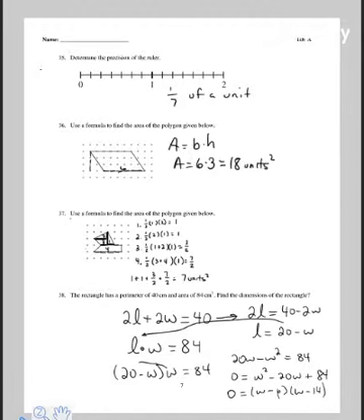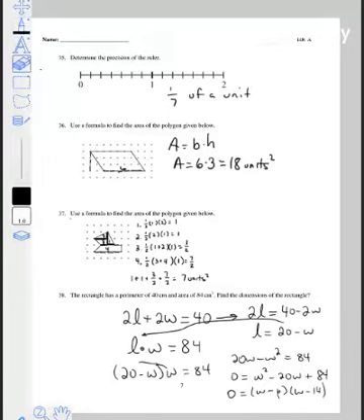So W minus 6, W minus 14, let me fix that 6. So the width could be 6, or the width could be 14. Now we have to solve for length for either one of those.